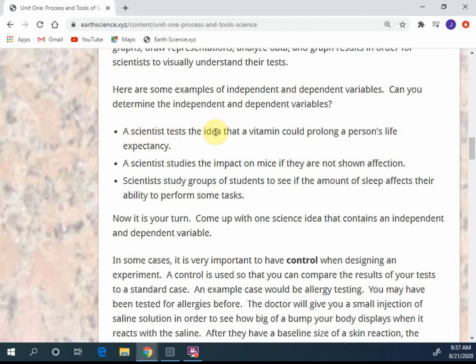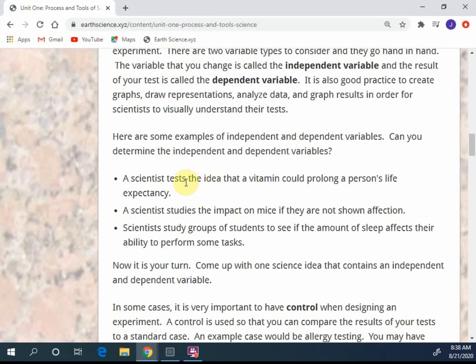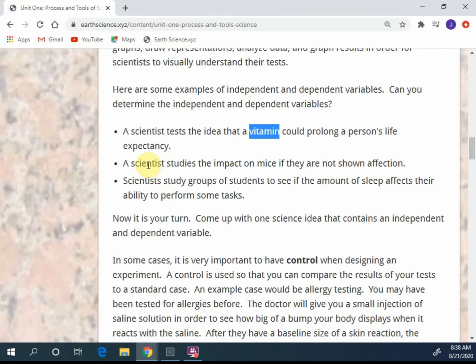So what is being inputted into this sentence? What is the change? A vitamin that's being added. And what is the result of that? A person's prolonged life expectancy. Does that make sense? Okay, second one.